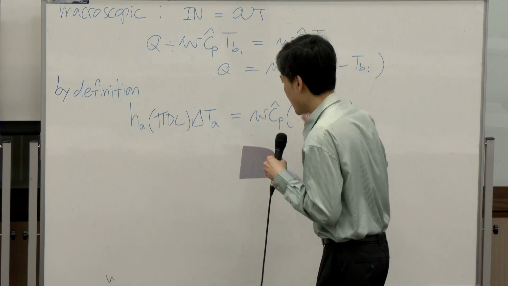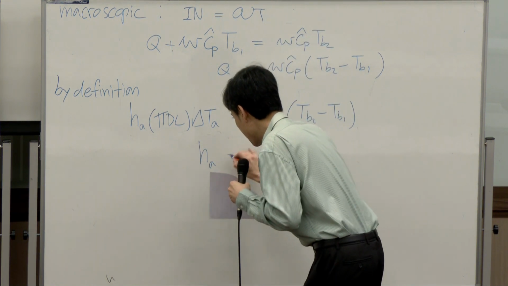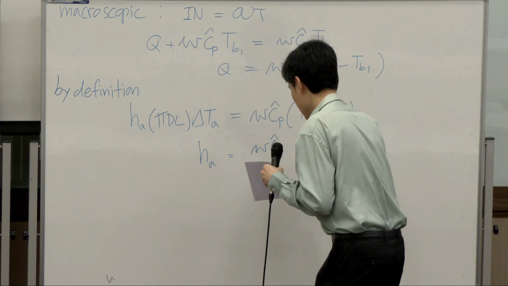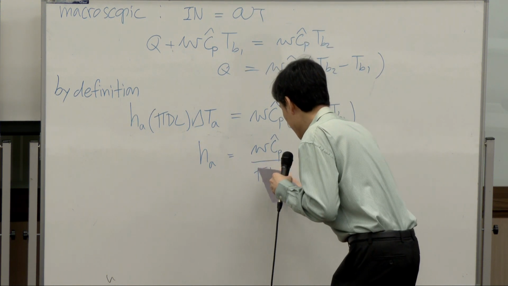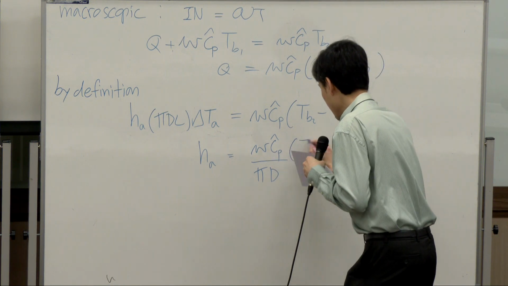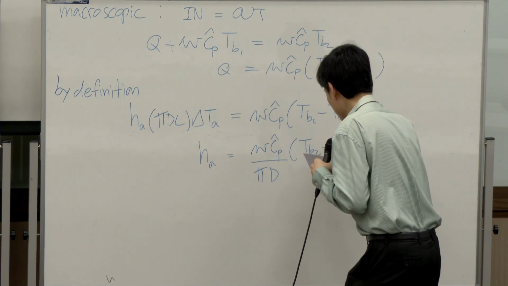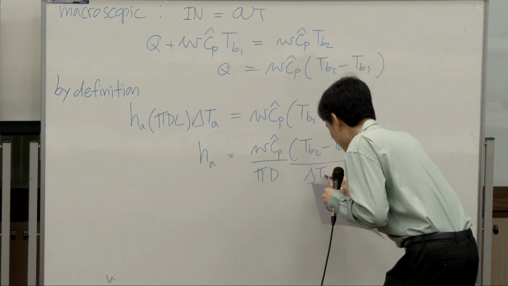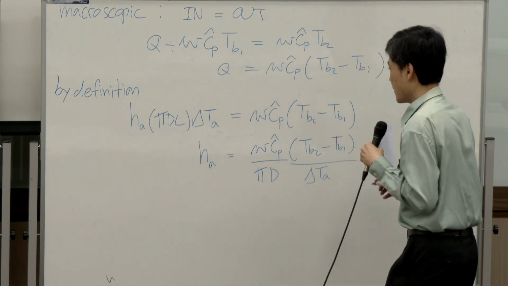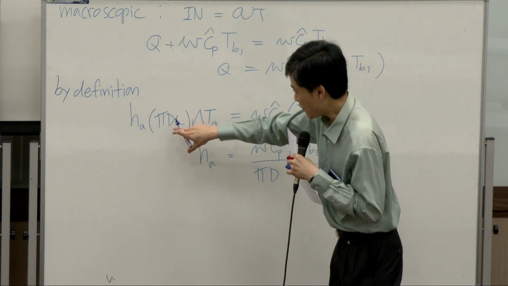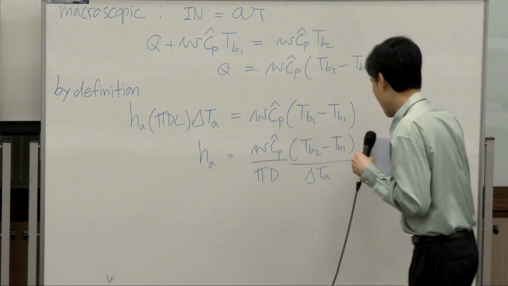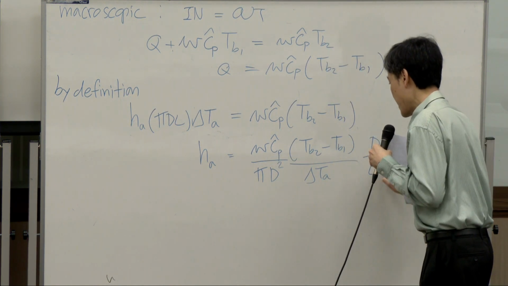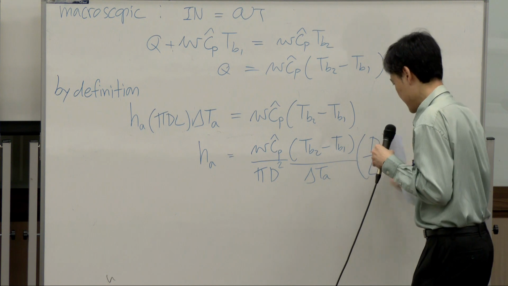If I rearrange the equation, I will get HA equal to WCP over pi D, times TB2 subtracted by TB1 over delta TA. Now, even though I have only one single D here, I want D over here, so I put D squared down here and L.